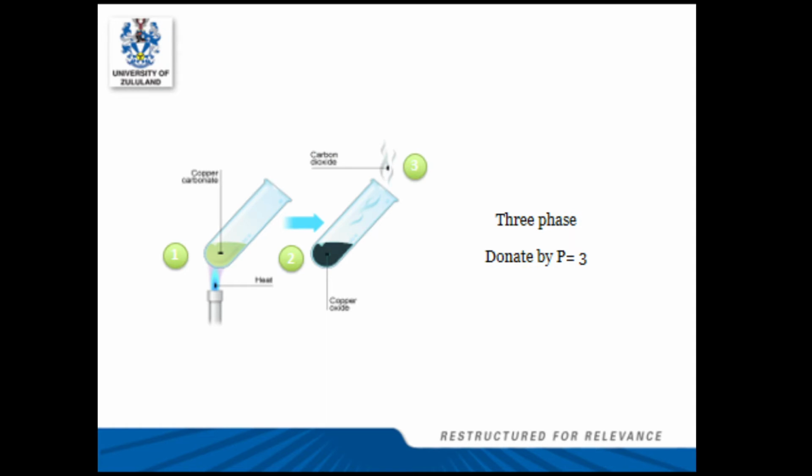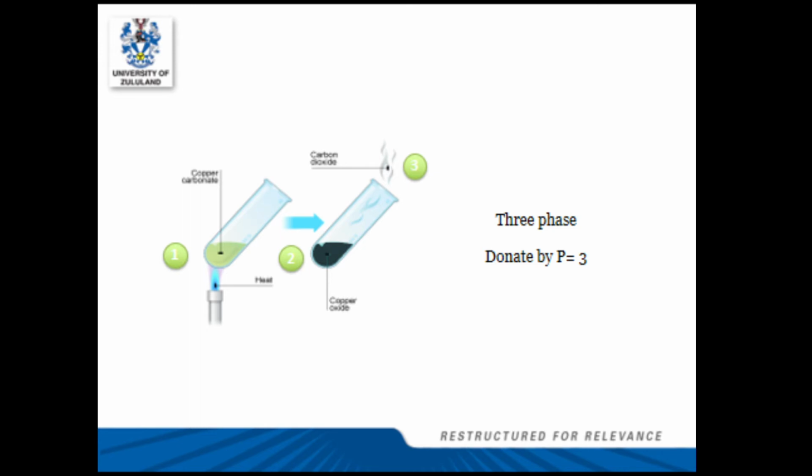So here is another example. Let's say that we start with copper carbonate. We're going to heat copper carbonate, and when we heat it, we convert it into copper oxide and carbon dioxide, which releases the gas carbon dioxide.